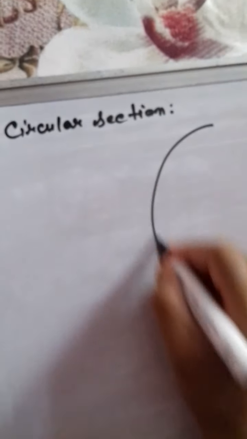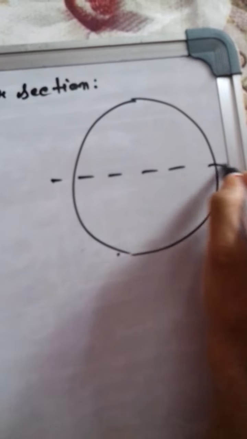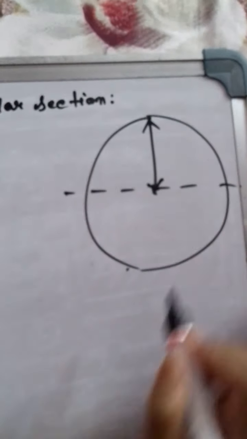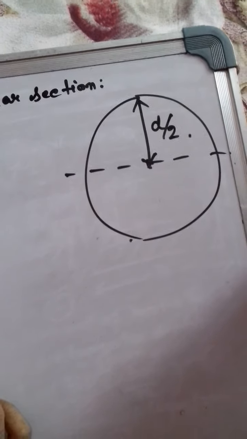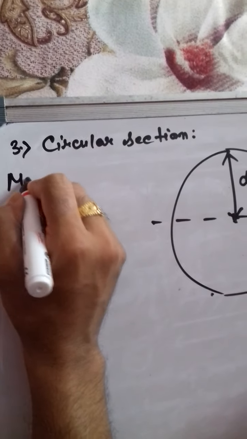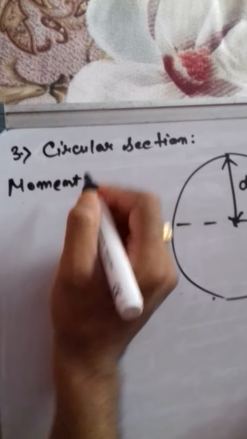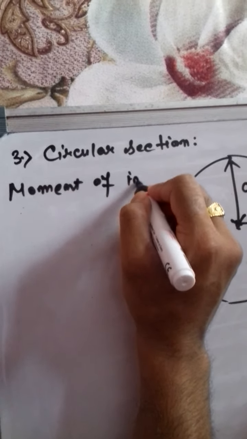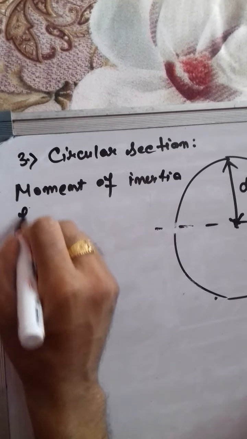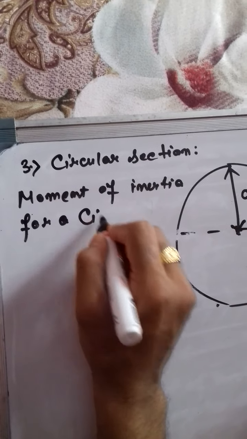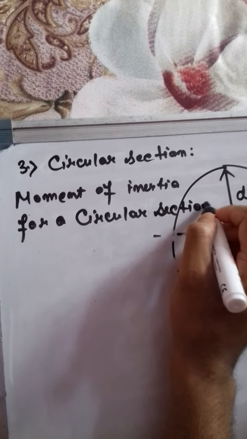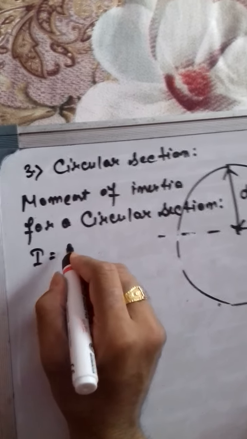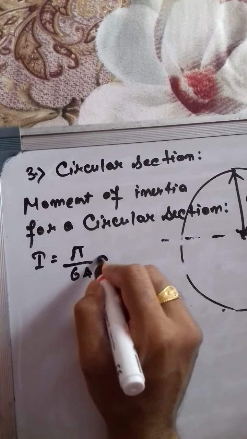See, in case of a circular section, if this is the neutral axis, then the distance of this outermost layer from the neutral axis will be equal to D by 2, right? Okay. Now the moment of inertia for a circular section, we know it is given by the formula pi by 64 d to the power of 4.